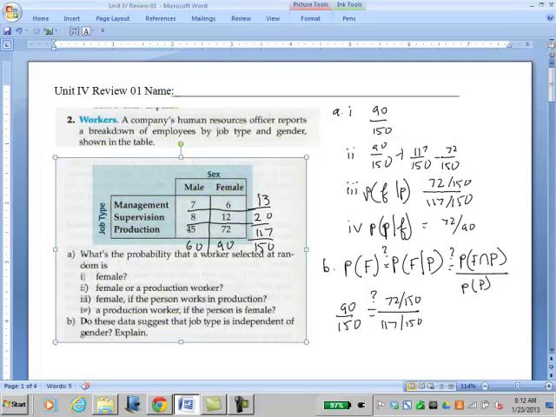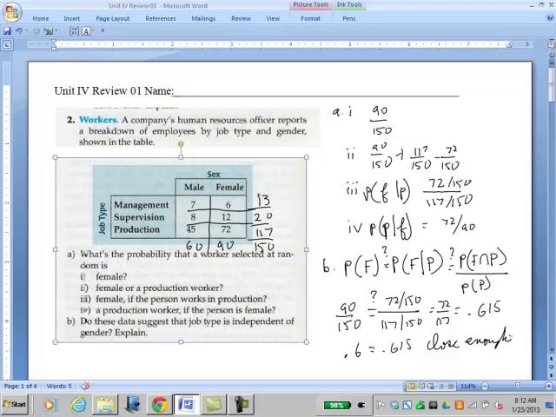This number, 72 over 117, equals 0.615. 90 over 150 is 0.6. So this is 0.615. Close enough. You've got to be within 0.02 to establish independence. Close enough.